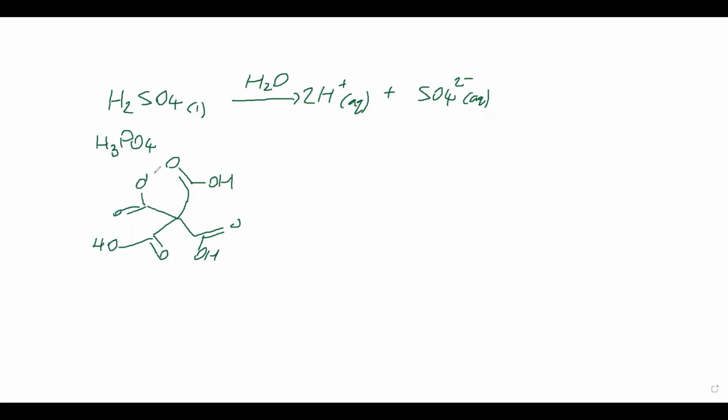So this would be an example of a tetraprotic acid. But you won't see anything greater than a diprotic acid for the AS level. The phosphoric acid is just the extra there, the triprotic example.